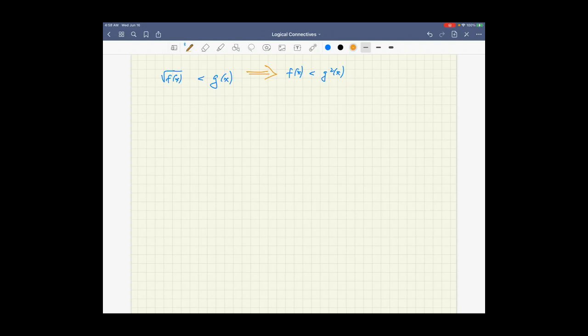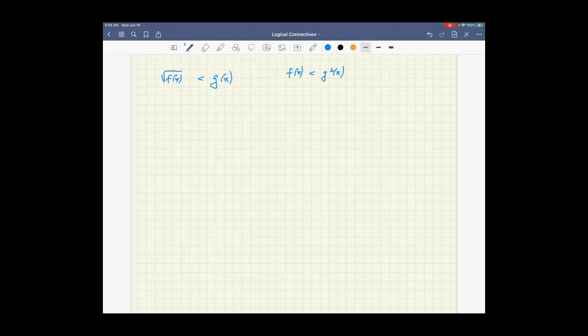Not really clear. Because, for instance, this inequality may be true when f is negative, right? There may be some x for which f is negative, and this is positive, and this inequality will be true, but taking the square root won't be an option, because f is negative.